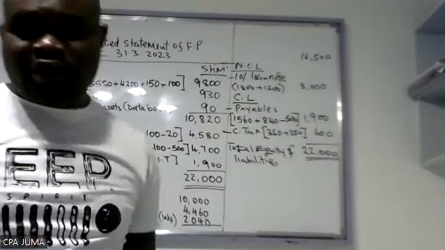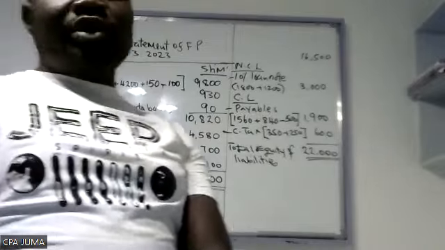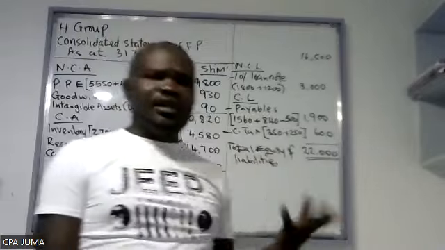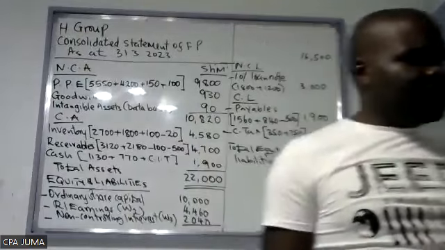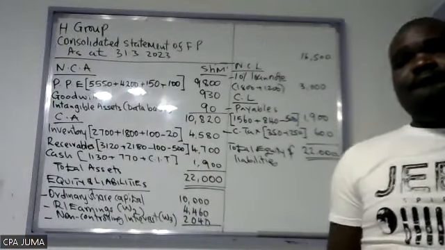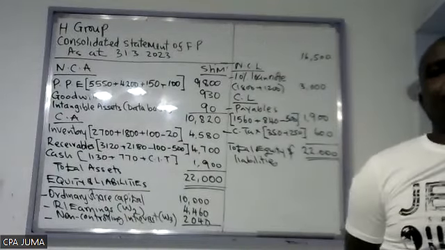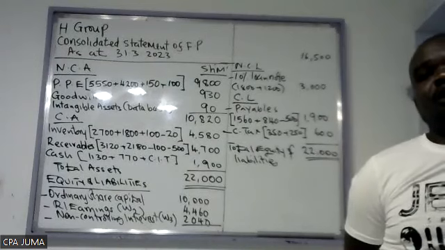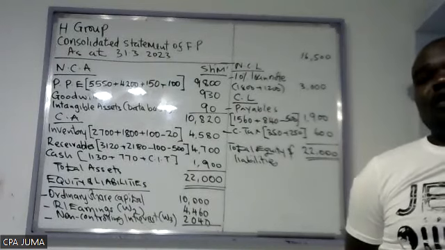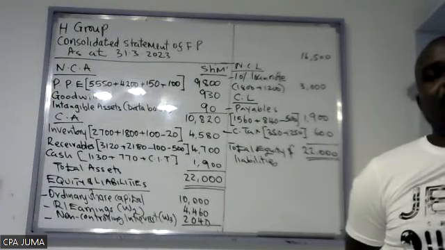So what do you think was the main issue with the examiner? What was he wanting to look at in that question? Allow me to hear from your side. Anyone can unmute. What do you think the examiner was focusing on?